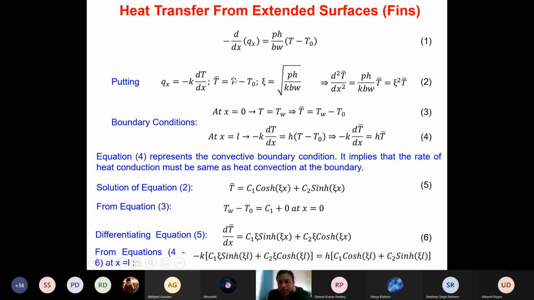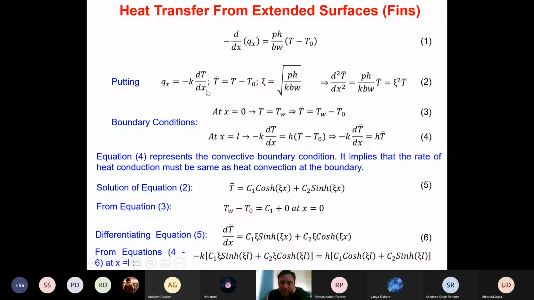Okay. So with this new notation, I can differentiate T bar. If I differentiate this equation of T bar, which is given as T minus T naught, with respect to x, what I'm going to get is dT bar by dx, and that is the same as dT by dx.